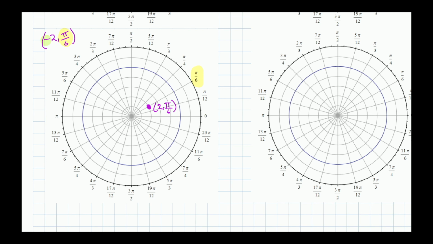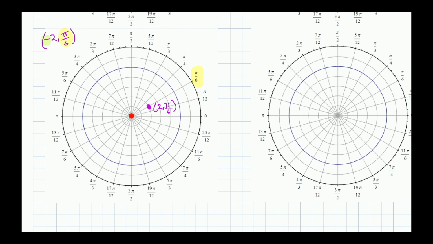What could that mean? So you have to understand that when they give you a negative r, they actually mean instead of going from 0 towards the pi over 6, you're going to head the opposite direction. So you'll move this way. Positive r moves towards pi over 6.